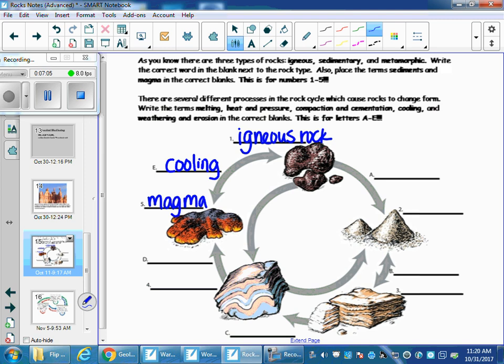Now when that igneous rock is sitting out there in the environment, there's all sorts of wind and rain and other things that are going to break it down. So our next step in the rock cycle would be weathering and erosion. And when our rock weathers and erodes, it creates little tiny particles, and those particles are called sediment.